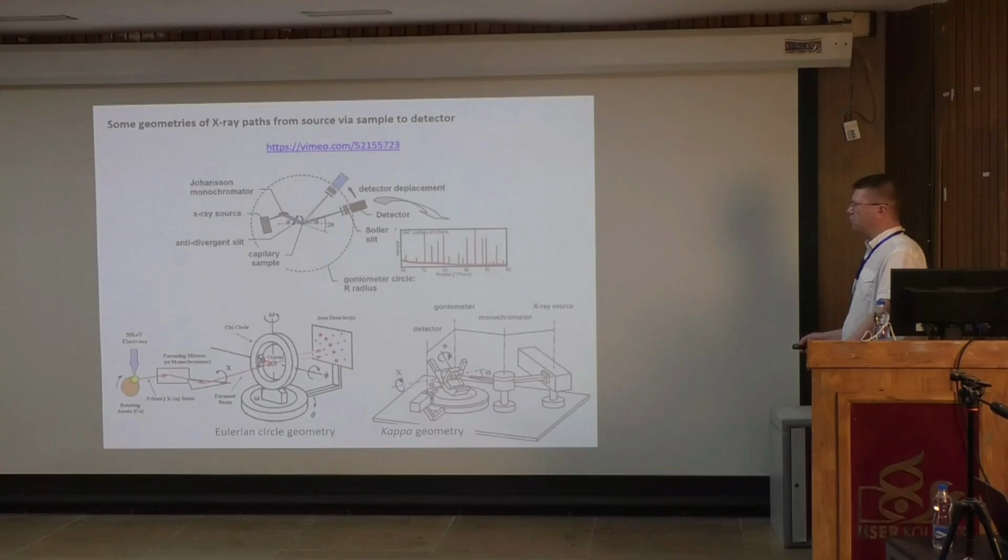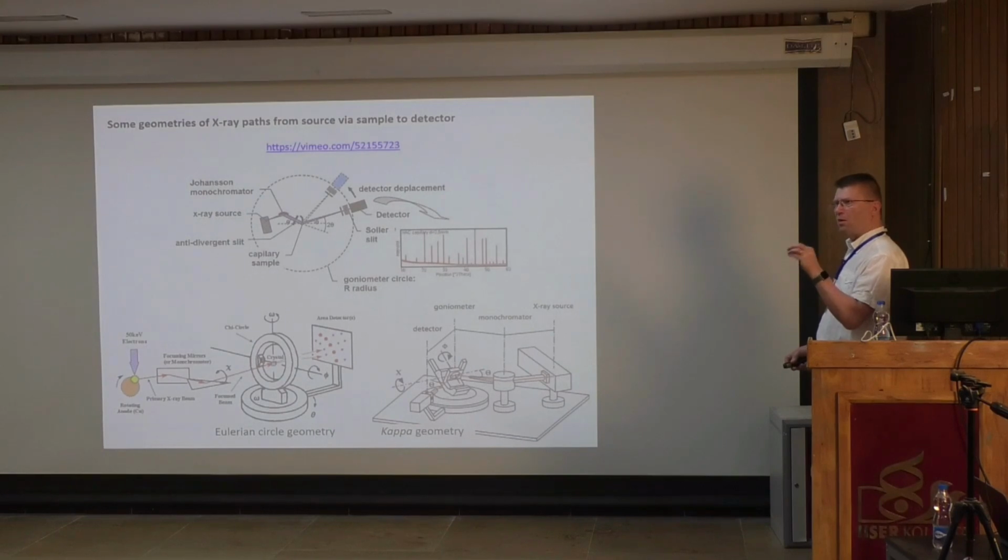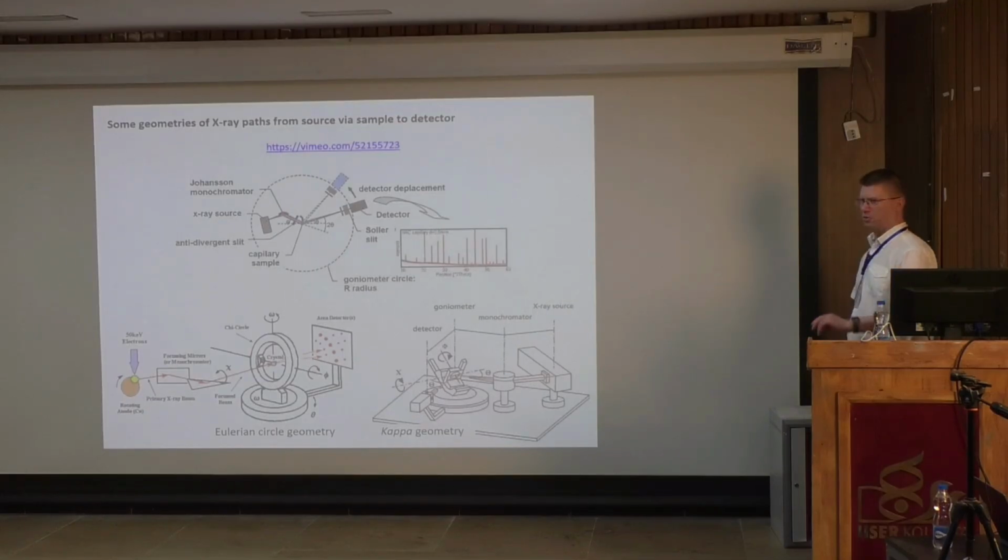And now when it shoots there, most of the X-rays go through the crystal, but a very tiny fraction will diffract. And this is what you see in the detector. That's the diffraction image. This is what we need. We don't need anything else from this instrument, but this is the data we have. And this is a different geometry of the same thing: goniometer, detector, monochromator, and X-ray source.